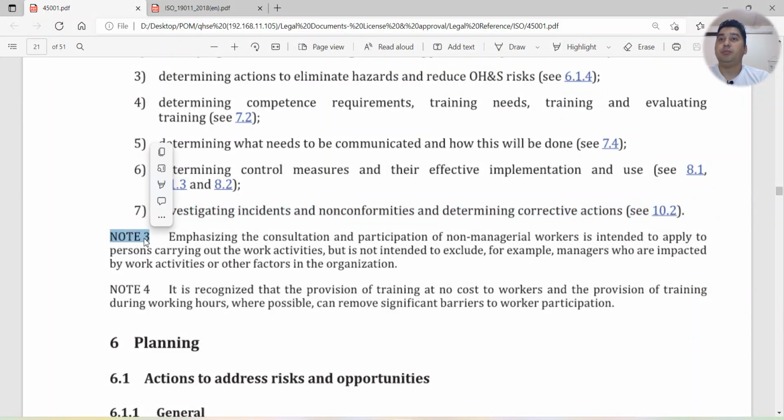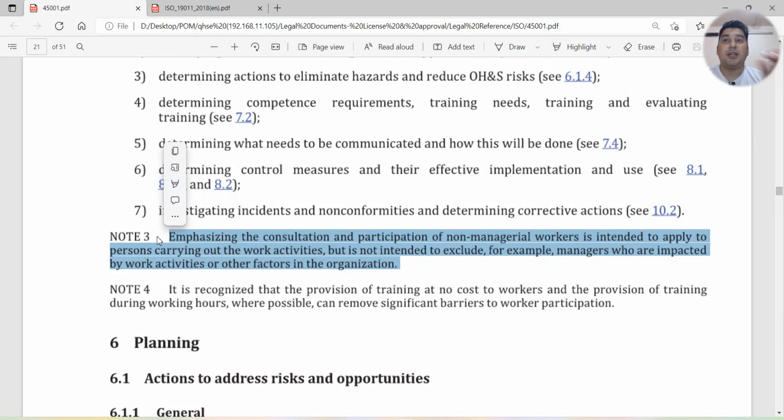Note. It's saying that the emphasis on consultation and participation of non-managerial workers is intended to apply to persons carrying out their work activities, but is not intended to exclude, for example, managers who are impacted by work activities or other factors in the organization. So the clause is saying that you have to include the non-managerial workers in the consultation and participation process.